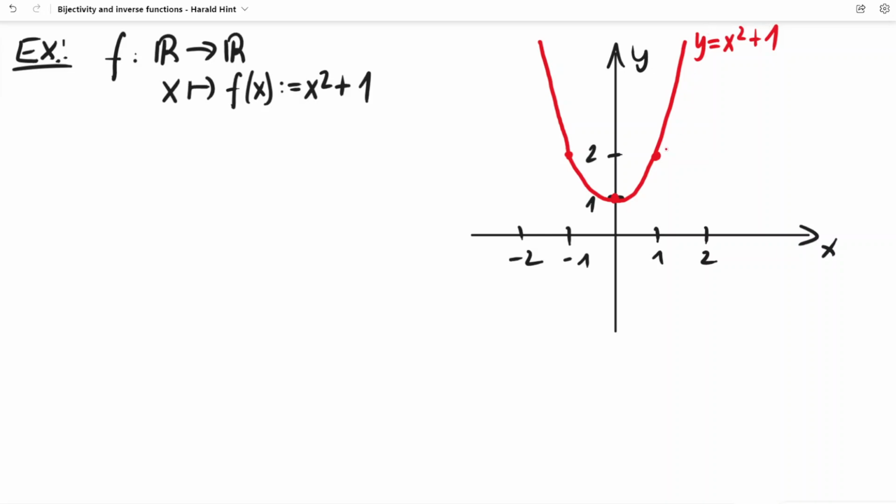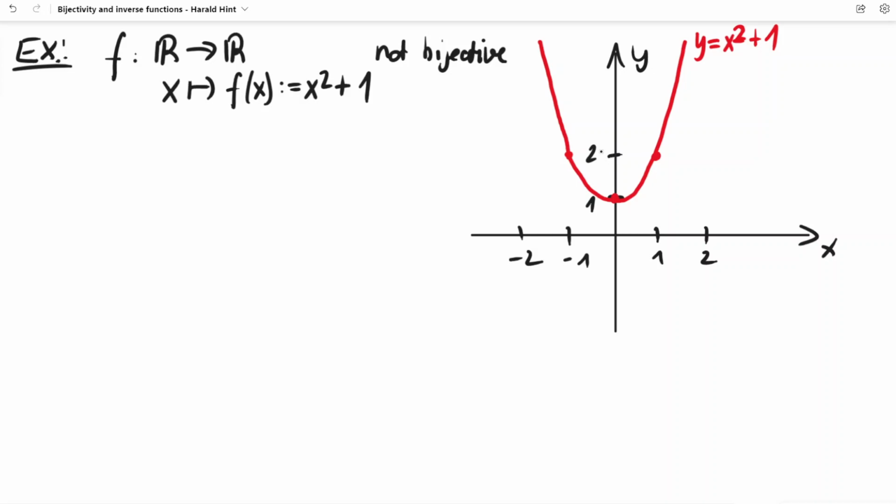And you see this is symmetric with respect to the y-axis because of this square here. Looking at the sketch, we see that f cannot be bijective. It's not bijective, because it is not a one-to-one mapping.